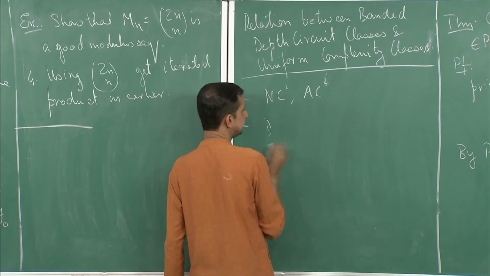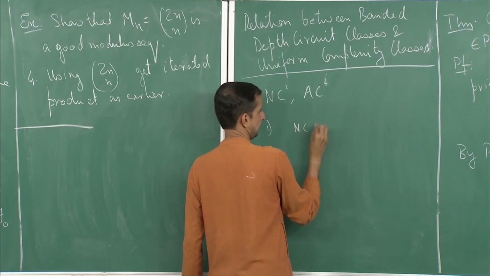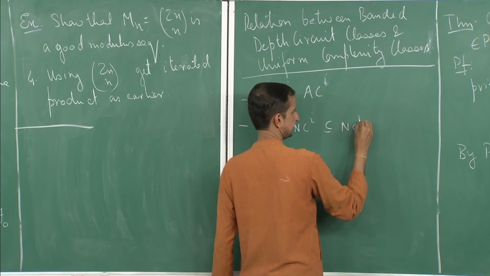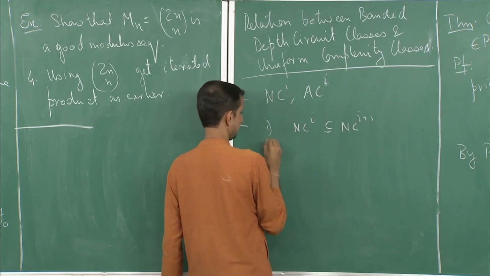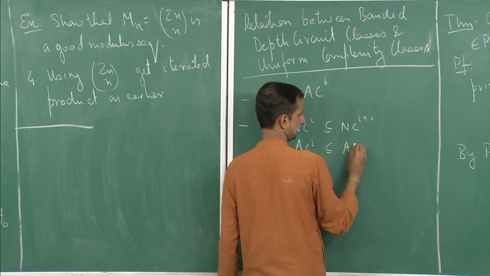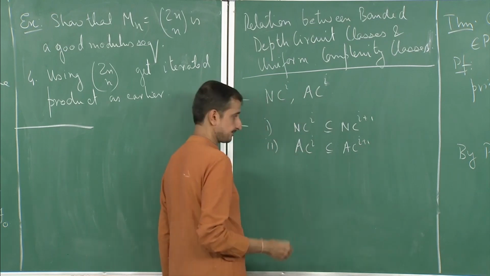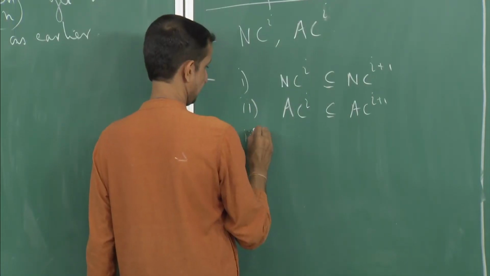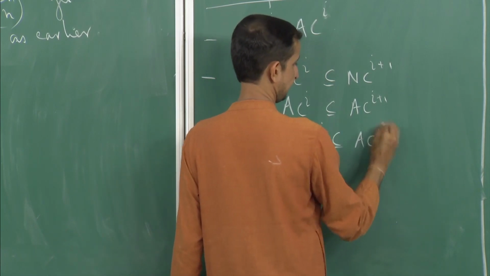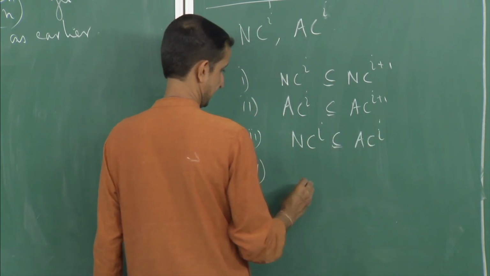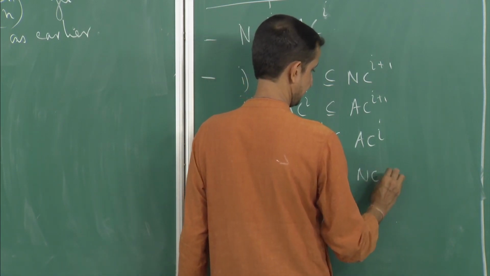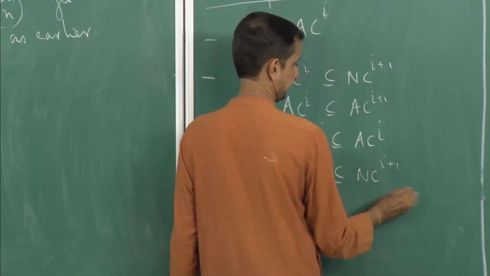So we have seen that, well, NCI is of course contained in NC I plus 1, ACI is contained in ACI plus 1, NCI is contained in ACI, and ACI is contained in NC I plus 1.